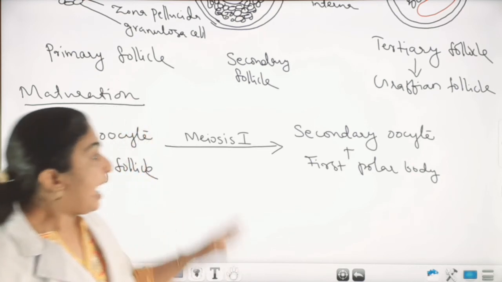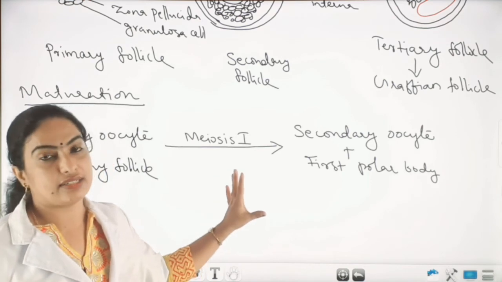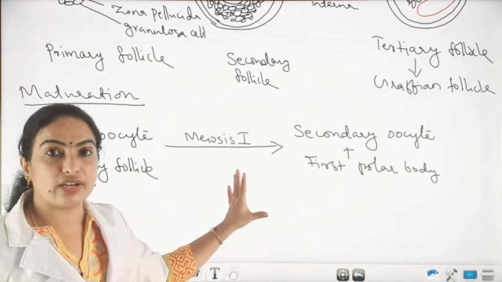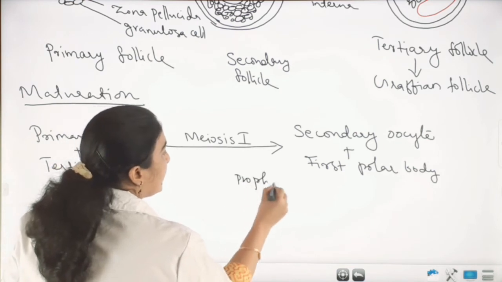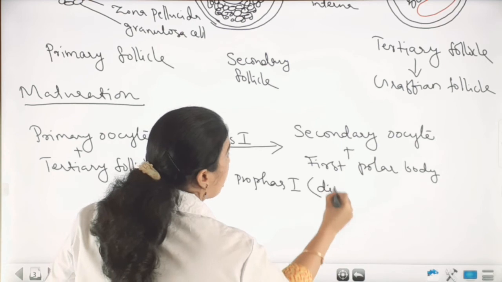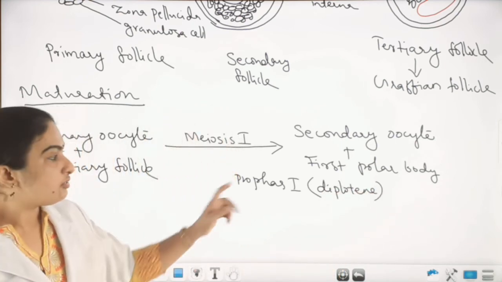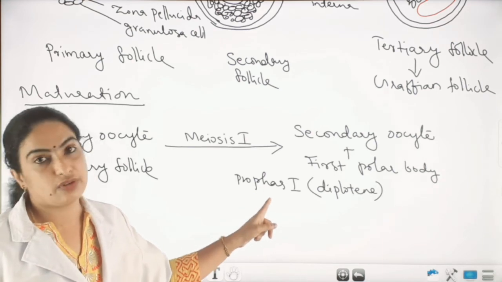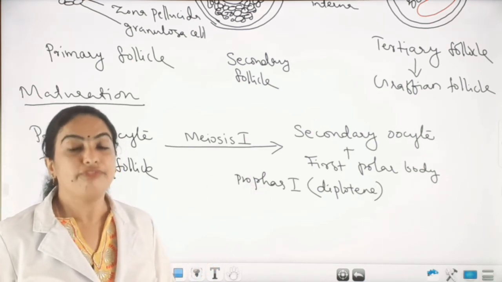Is it clear? And here the meiosis 1 is temporarily arrested. In which stage of meiosis is it temporarily arrested? Prophase 1. Prophase 1 of meiosis 1, that is diplotene stage.